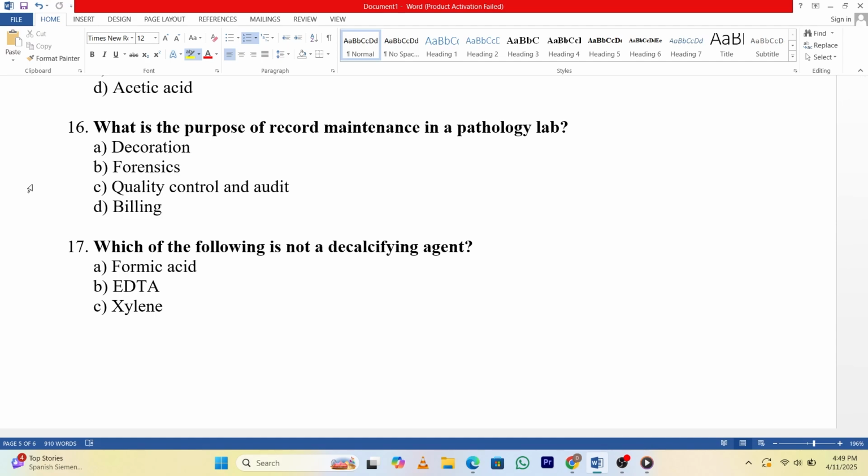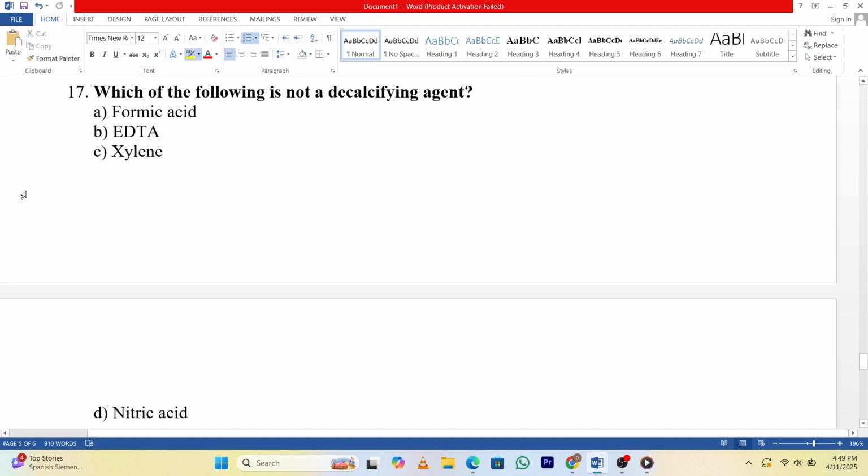B. Forensics. C. Quality control and audit. D. Billing. Answer, C. 17. Which of the following is not a decalcifying agent? A. Formic acid. B. EDTA. C. Xylene. D. Nitric acid.